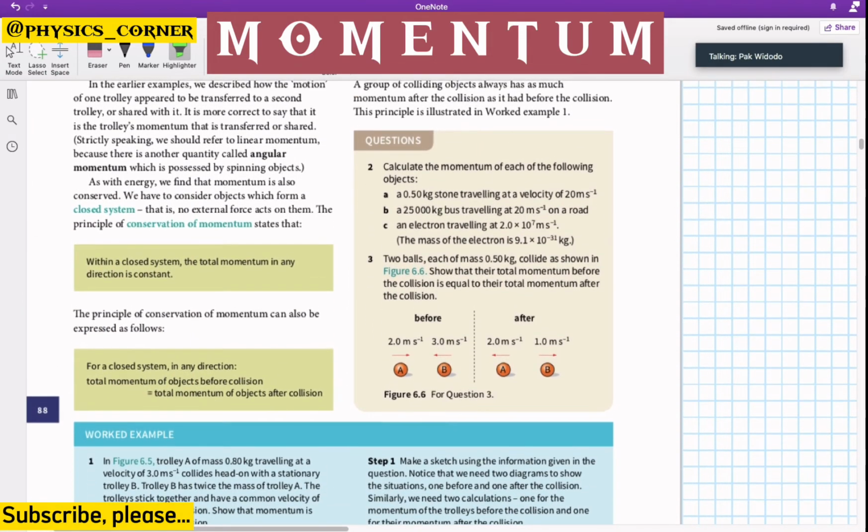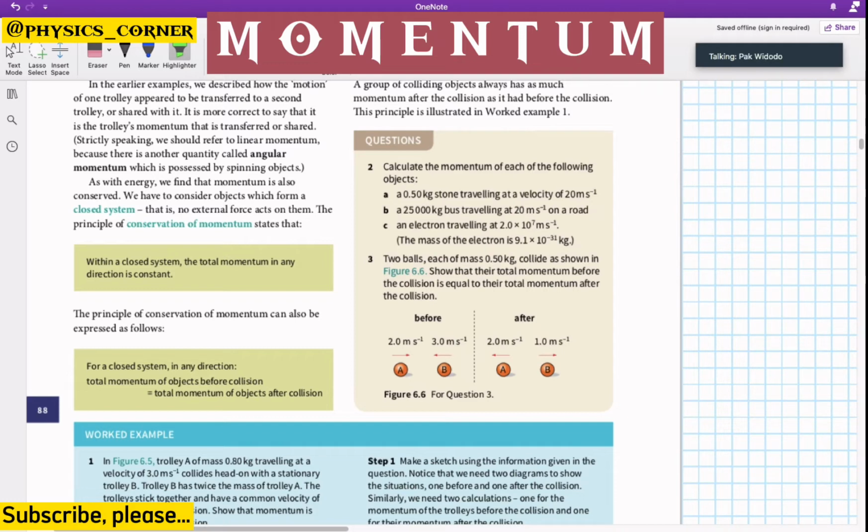Calculate the momentum of each of the following objects: a 0.5 kilogram stone traveling at a velocity. We just calculate 0.50 with 20 meters per second. So this is momentum 10, a half of 20.